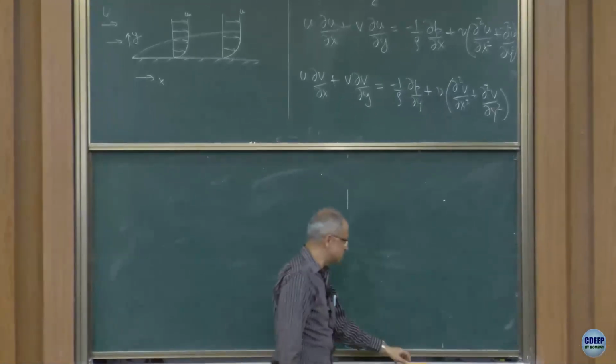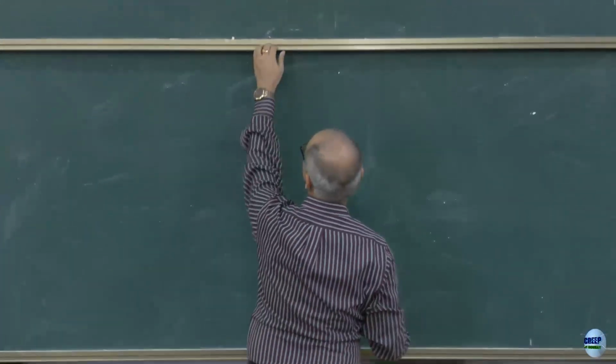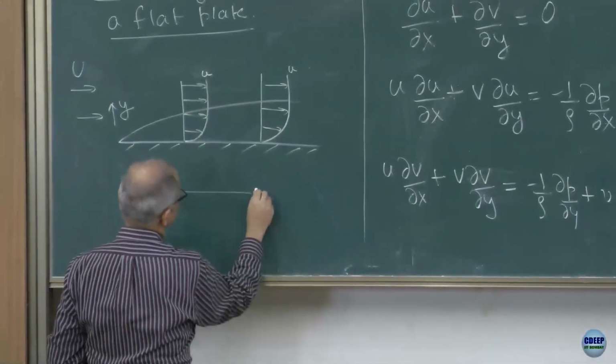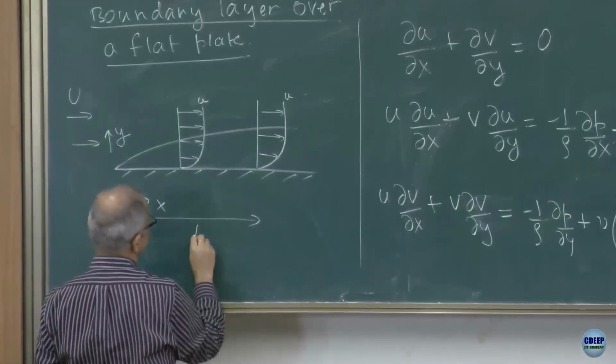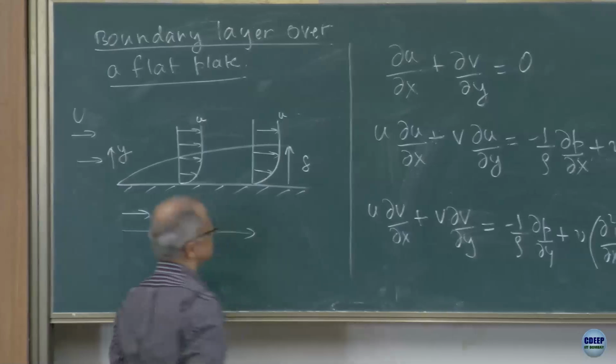So what we are going to do now is to say that there are two different length scales. We will use a length scale of L along this direction, and we will use a length scale of delta along this other direction.